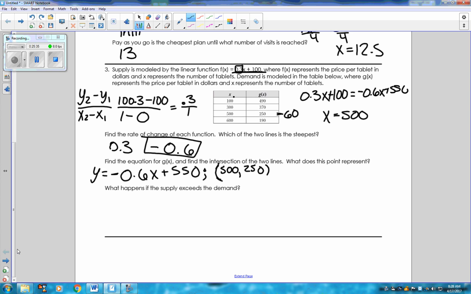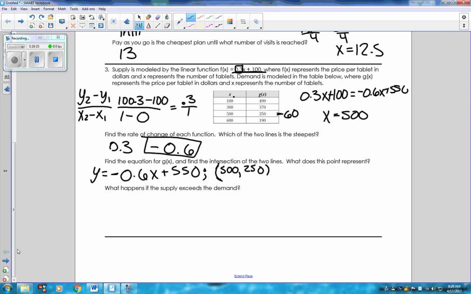This point represents where the supply and the demand intersect, where they're both exactly the same. I'm trying to think of a good example. If I asked the whole class who wanted a piece of candy, pretty sure y'all would all raise your hands, right?